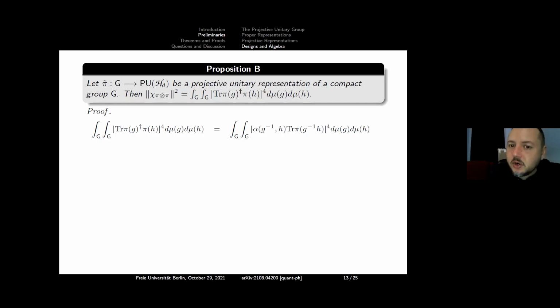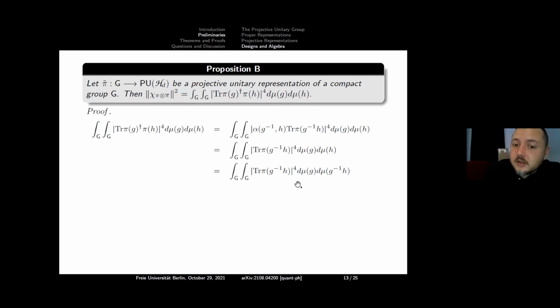So this 2 cocycle, I've pulled it out of the trace via linearity. I've got a U1 scalar inside of an absolute value to the 4. That disappears. All I've done here is pull out this alpha, which is in U1, outside of the absolute value to the 4. I'm going to do this slowly.